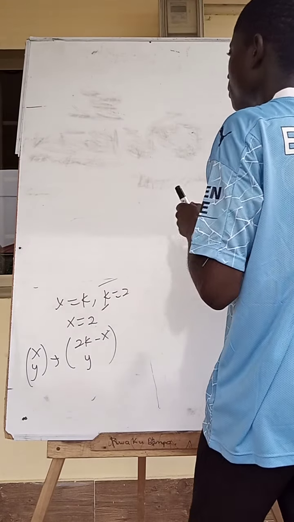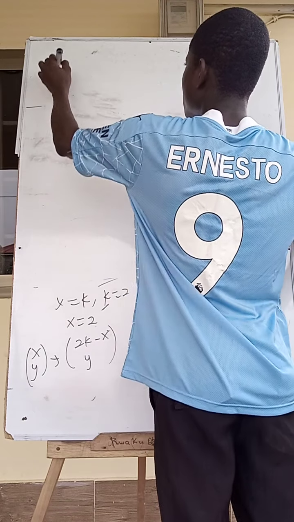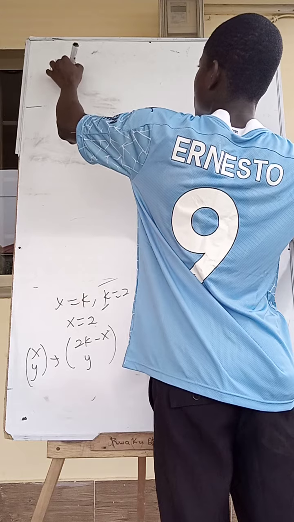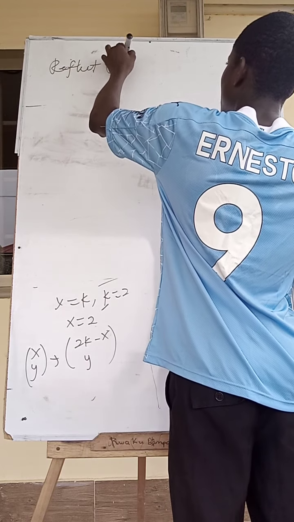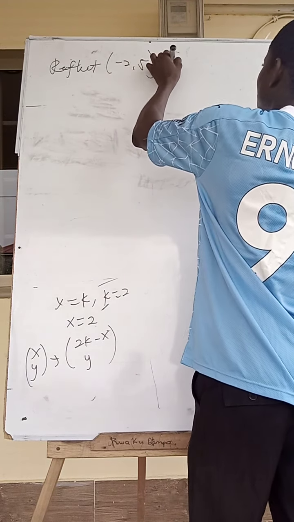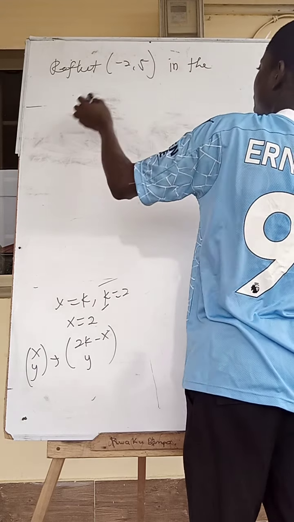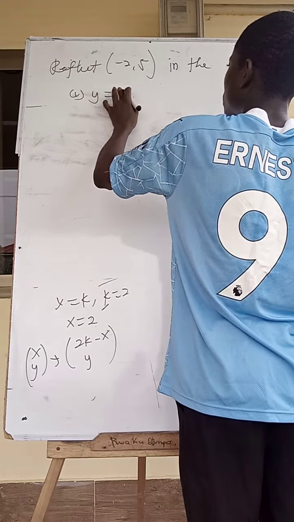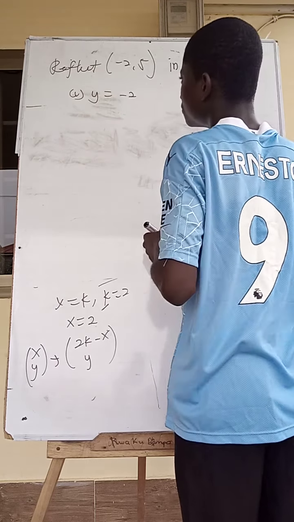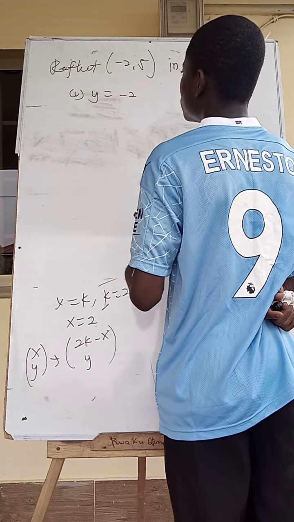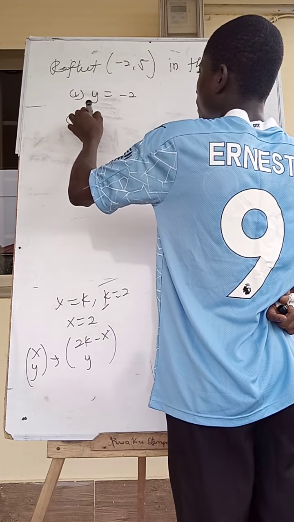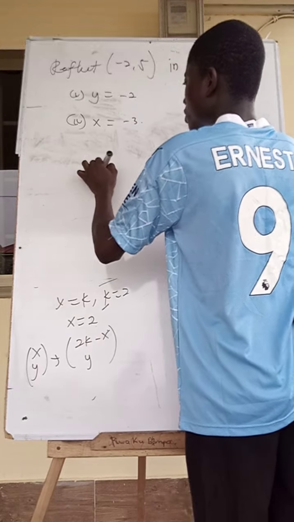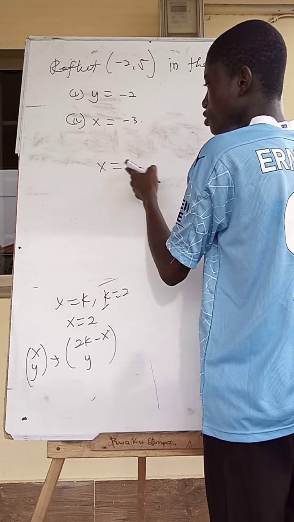So here you are just going to reflect the points. Sometimes they'll give you a question that reflects negative 2, 5 in the line y equal negative 2 and x equal negative 3. Don't confuse yourself when they say the line x equals 0.